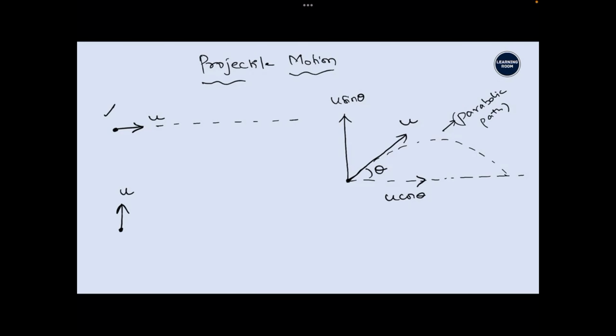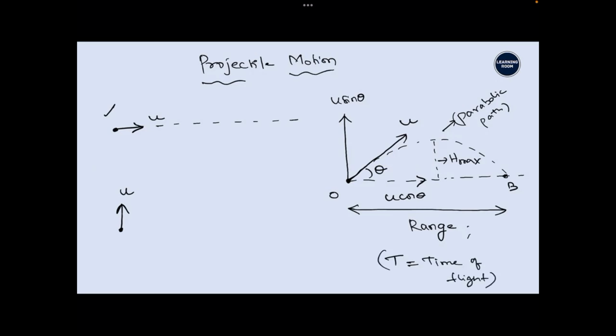So it starts traveling in this kind of a parabolic path where the particle will be able to attain maximum height. The particle will have a maximum horizontal distance traveled by it, which we call range. And it takes some time to go from point A to point B, and that time is called the time of flight.